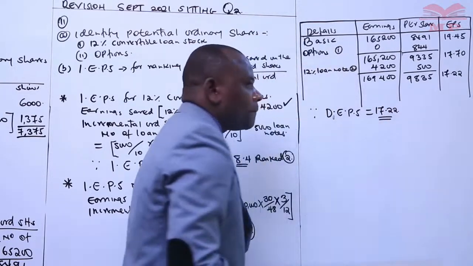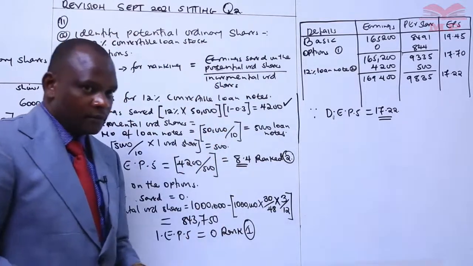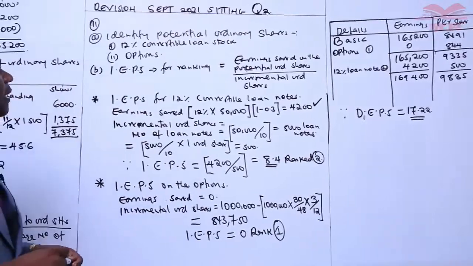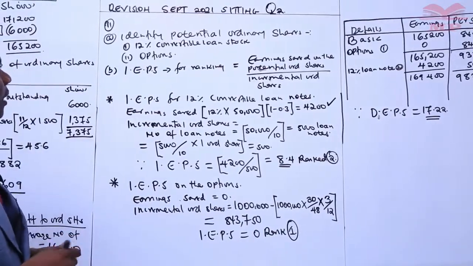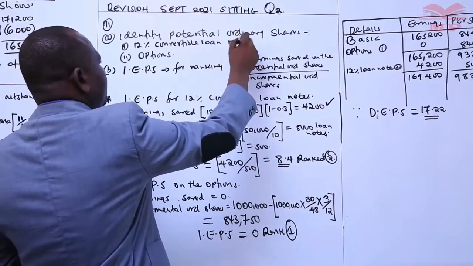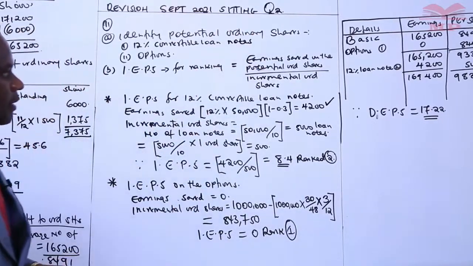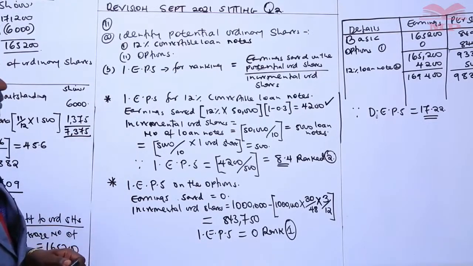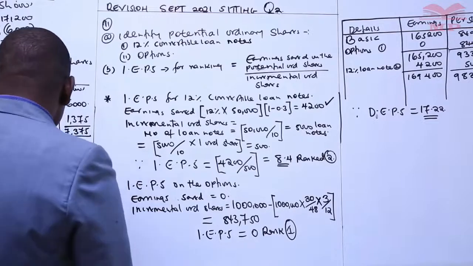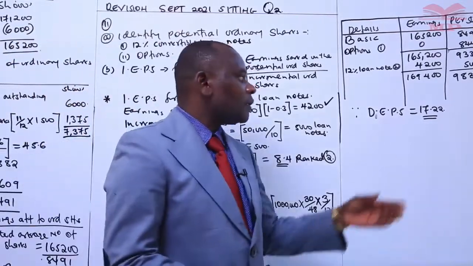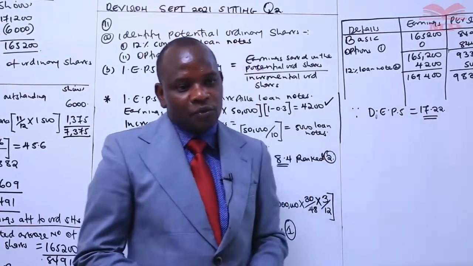This means that suppose the 12% convertible loan notes become shareholders and the options are exercised, then the basic EPS of 19.45 will be watered down to 17.22.